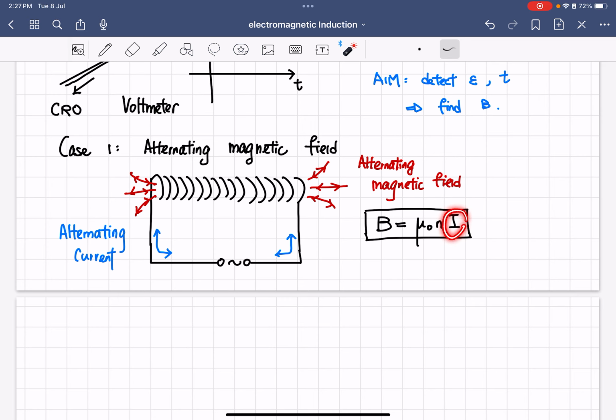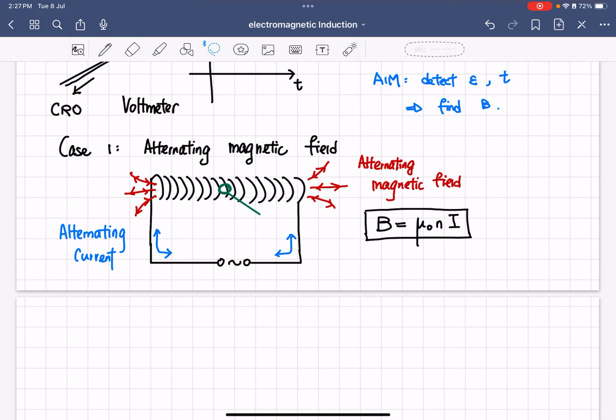Since the current is varying with time, the magnetic field will also be varying with time. So what we do is we now have the search coil, and we put this search coil inside to detect it.